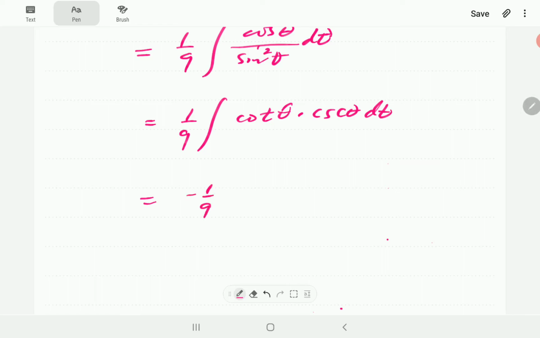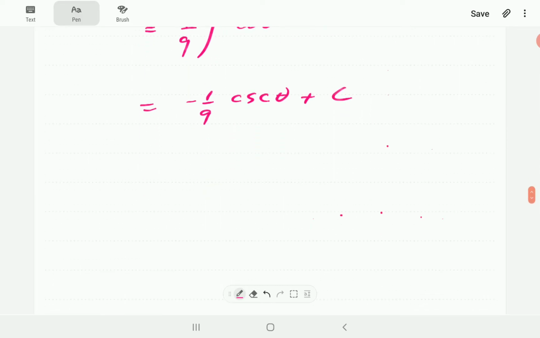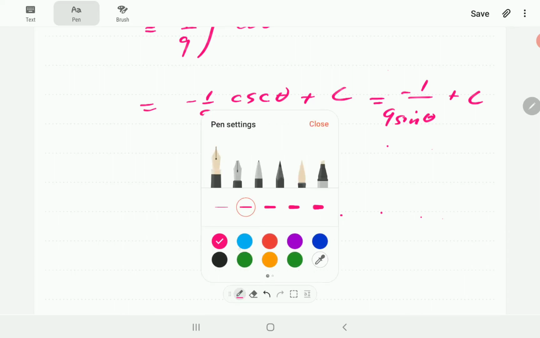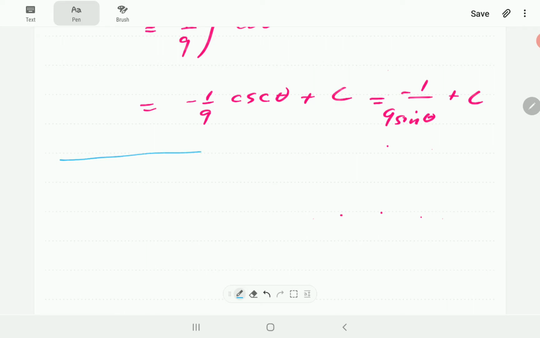That means the integral of cosecant cotangent is simply negative cosecant. Okay, so the integration is done. Just to help us when it comes to rewriting this in terms of x, this is actually 1 over sine.